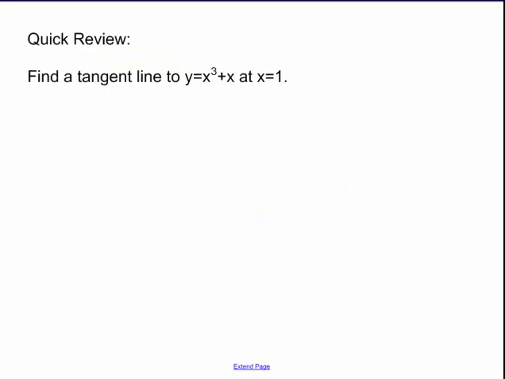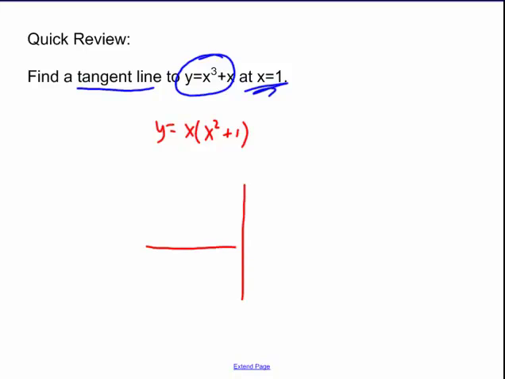Before we do that, let's think about a problem that you were doing a ton of in single variable calculus, which is to find a tangent line to the graph y equals x cubed plus x at x equals 1. Well, to get a quick picture of that, it's going to look something like that, roughly.